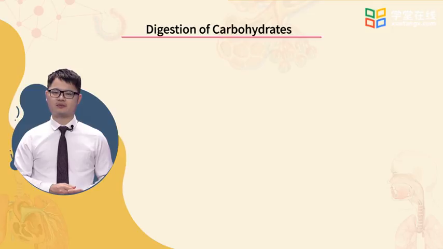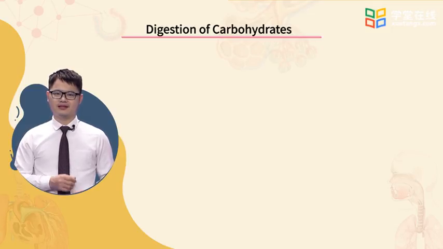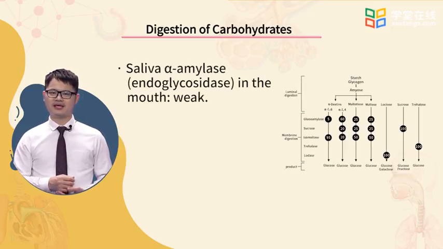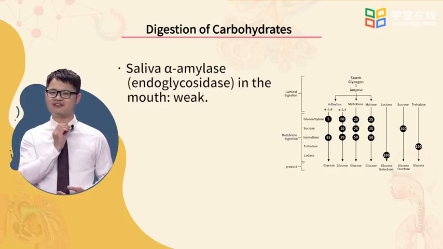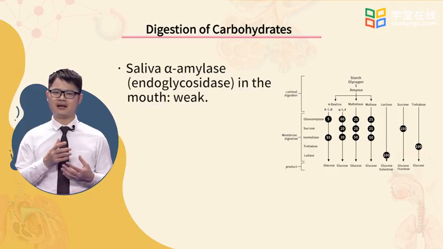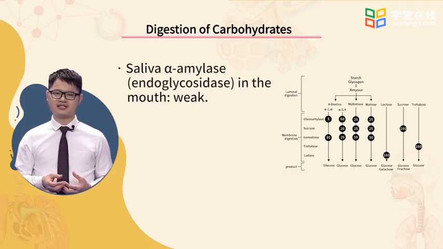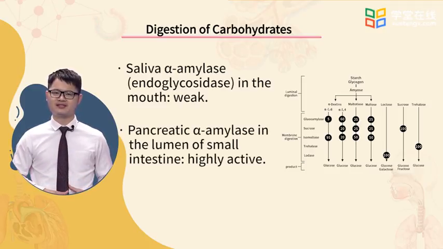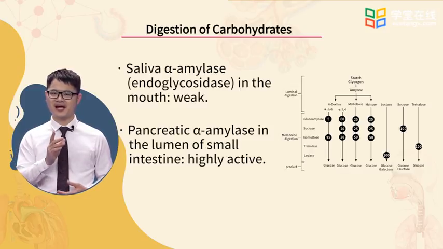Carbohydrate digestion and absorption. The digestion of carbohydrate begins in the mouth with salivary alpha amylase. Majority of the carbohydrate digestion takes place in the lumen of the small intestine using pancreatic alpha amylase.